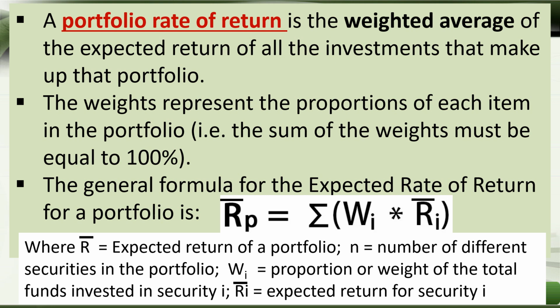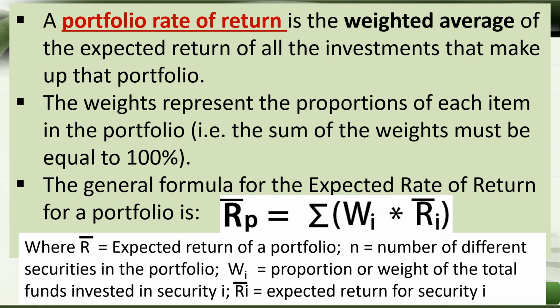The general formula for the expected rate of return for a portfolio is given here. The expected return of a portfolio is given by the sum of the weight, the proportion of the total funds invested in that security, first item, second item, third item, like that, and the expected return for that security.